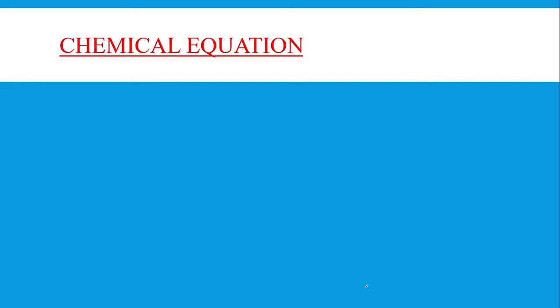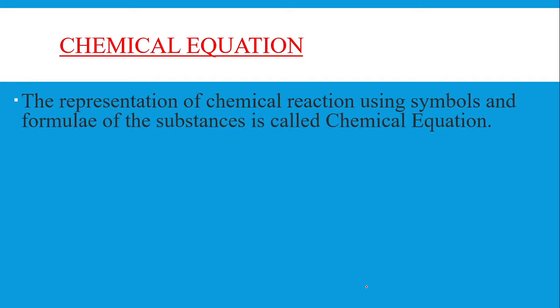So firstly, what is a chemical equation? Let's go through it. The representation of a chemical reaction using the symbols and the formulas of the substances is called a chemical equation. Here we are using symbols and the formulas of the substances, which we call a chemical equation. So let's see the example. Suppose we have two reactants.